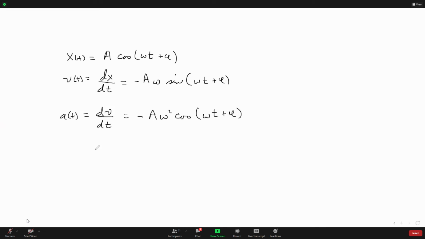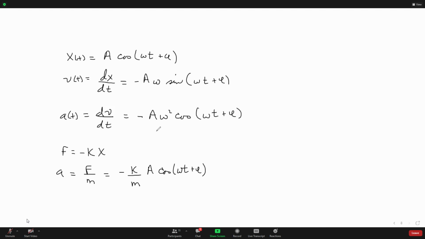Now we also have F equals minus k times x, and the acceleration is equal to F over m, which is going to be minus k over m times x, which is A cosine of omega t plus phi.